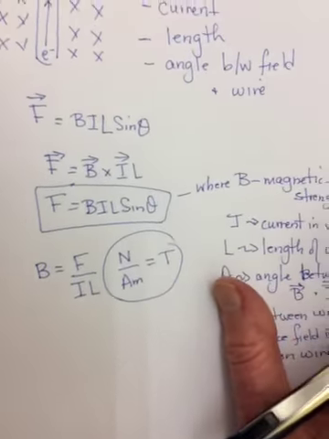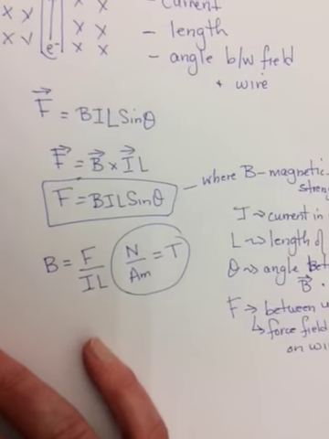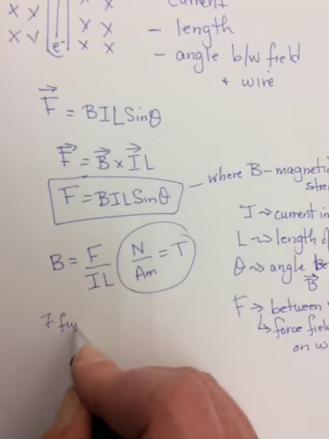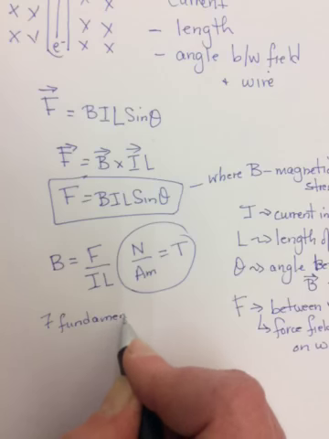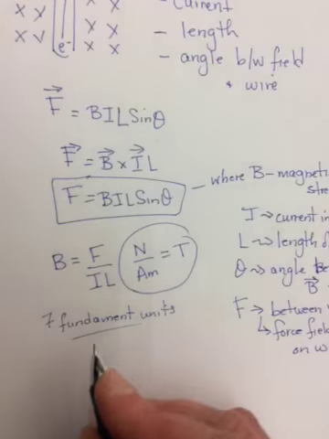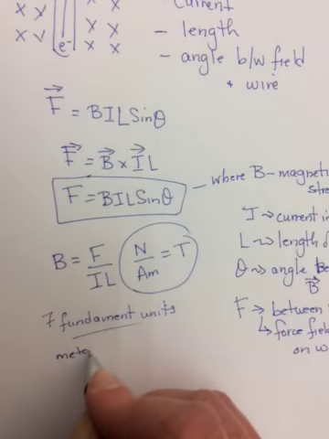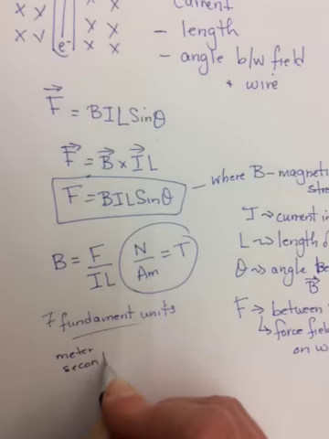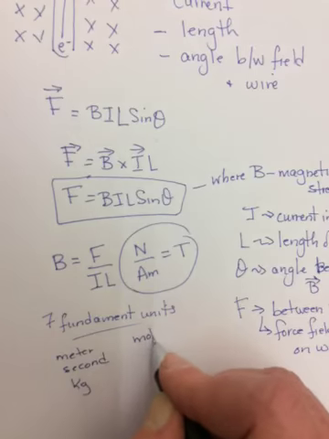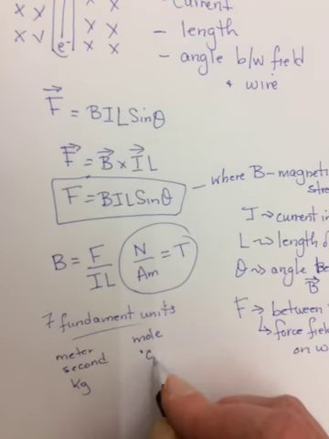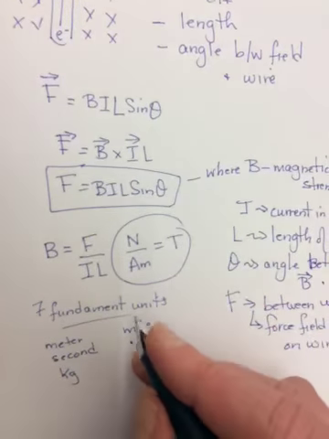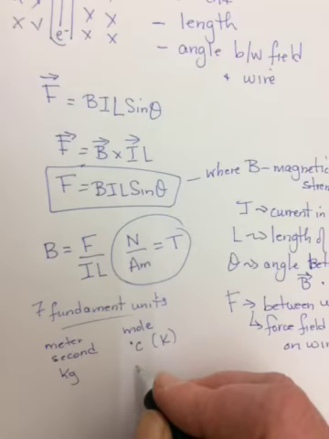Remember from maybe Physics 11, maybe from earlier in this semester, there are 7 fundamental units in all of the metric system that every other unit is made up of. They are a meter, a second, a kilogram, a mole, a degree Celsius or Kelvin, and an amp.